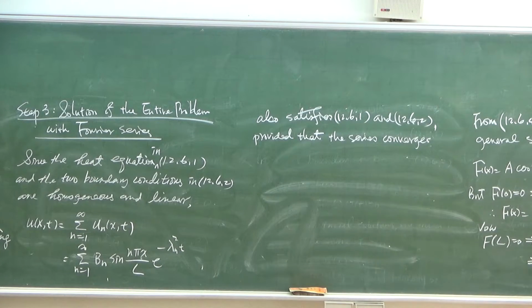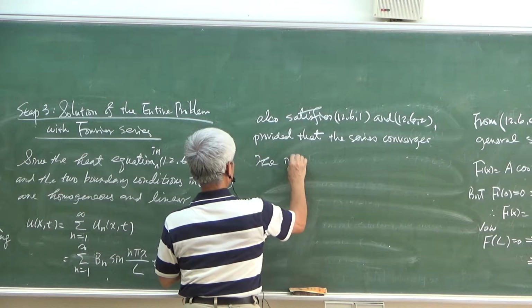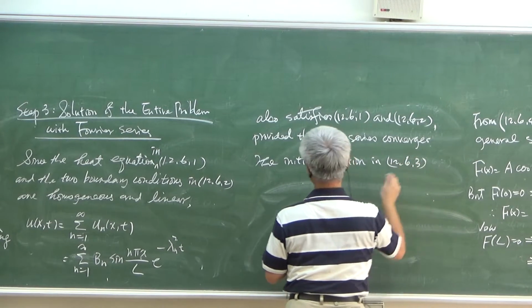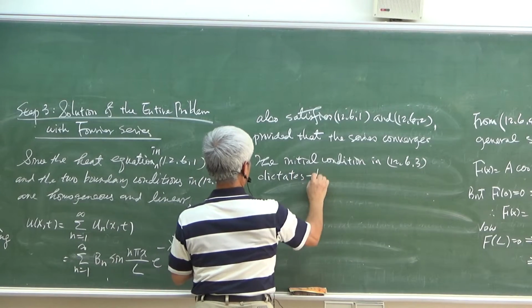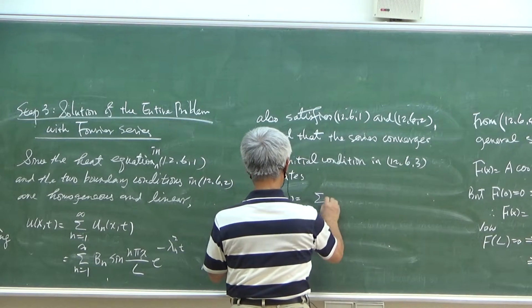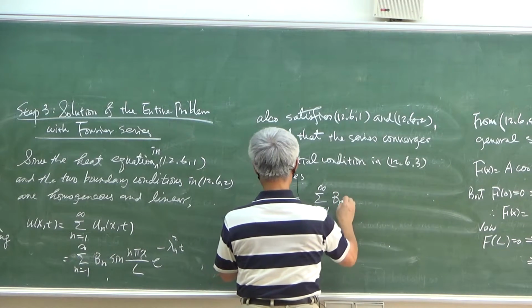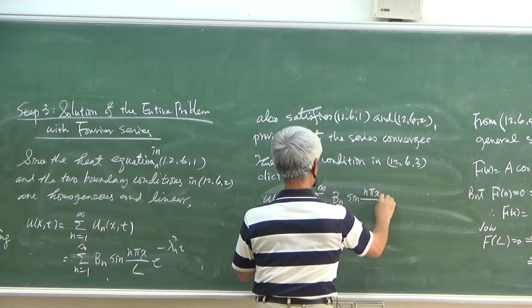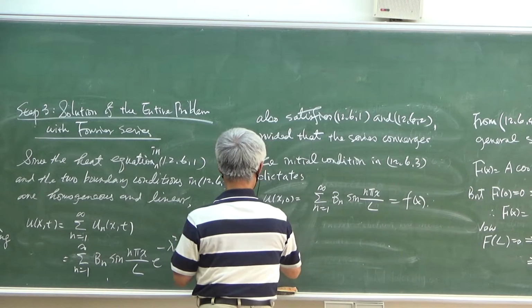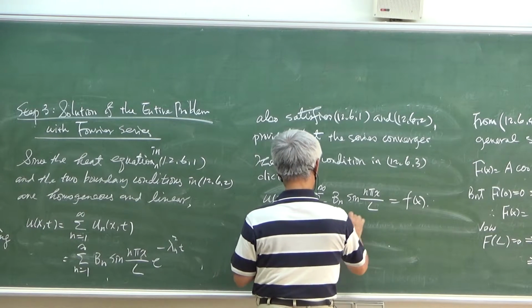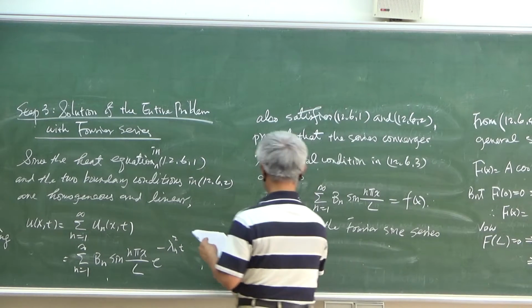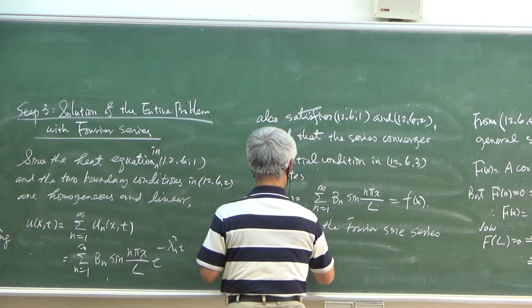Okay, so now the initial condition in 12.6.3 dictates the following: u of x,0 is equal to the summation of bn sine n pi x over L equal to f of x, which is just the Fourier sine series expansion of f of x.